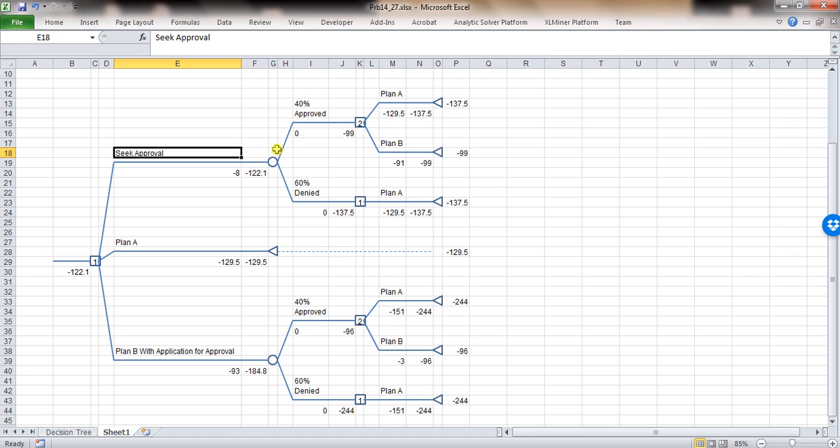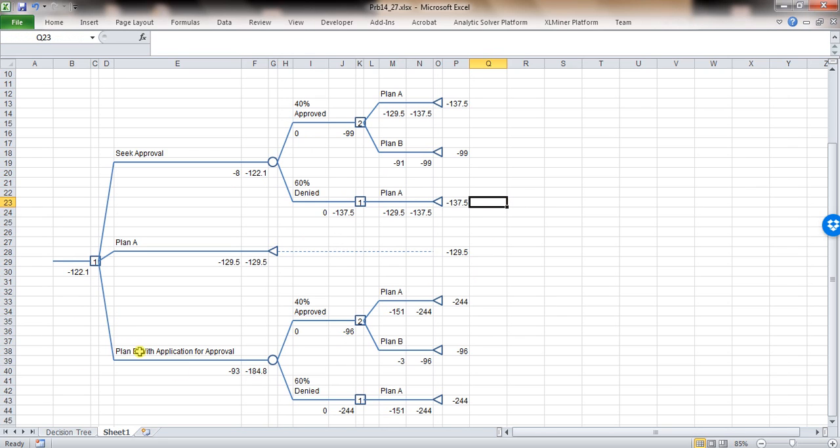It can be denied or it can be approved. If you're denied, then you have one choice, go with plan A. If you're approved, then it says 2, that means the second one, go with plan B. So optimal route is seek approval at this stage, and if approved, then go with plan B. If not approved, go with plan A.